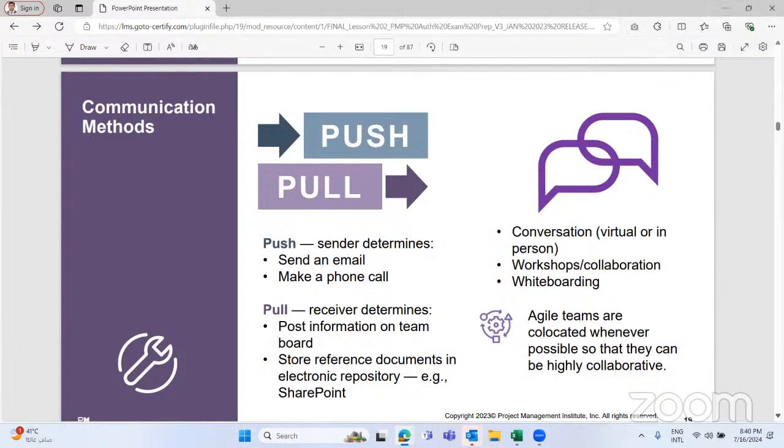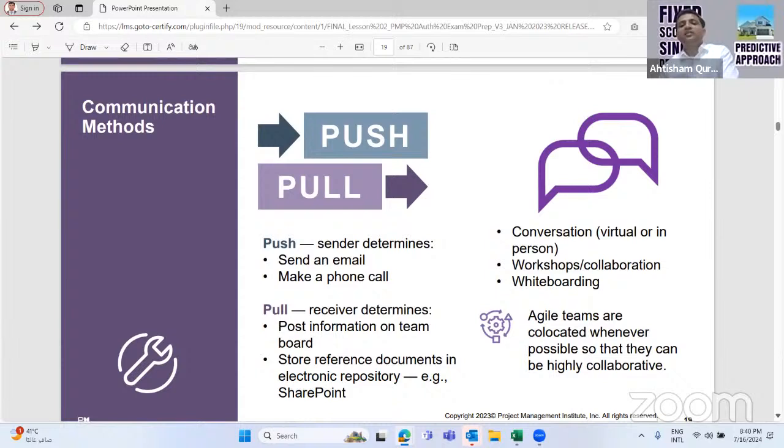Some communications are push communications, which happen from the project manager. Actually, the project manager is communicating most of the time. Some communications they do periodically, like the weekly status report, which they push by email to the stakeholders who need to be communicated with.